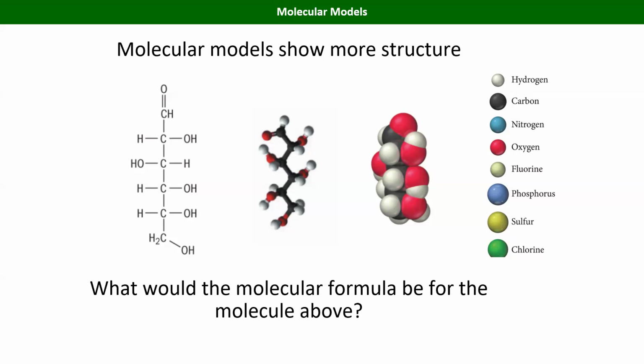Right, so depending on what we're trying to show, we can actually write them differently. If I don't need to show the entire structure, that's a lot more writing than just writing out C6H12O6.